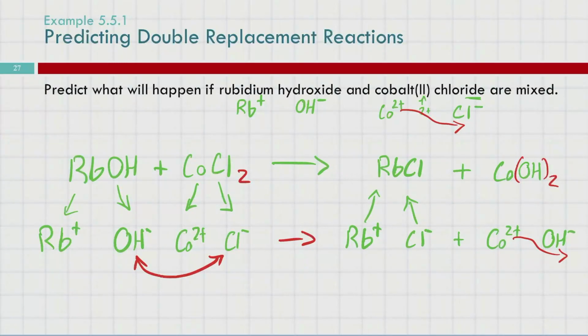And then for balancing them, we take a look at any of the elements or ion groups that's not balanced. So RbOH, the OH is not balanced. We've got 1 hydroxide on the reactant side, 2 hydroxides on the product side.